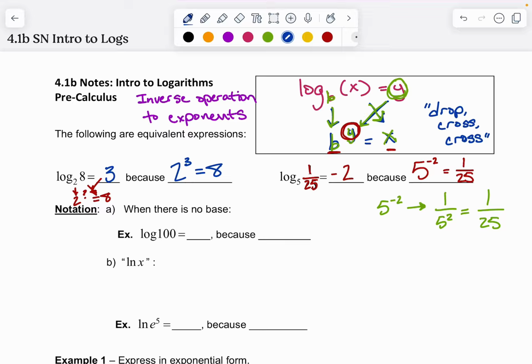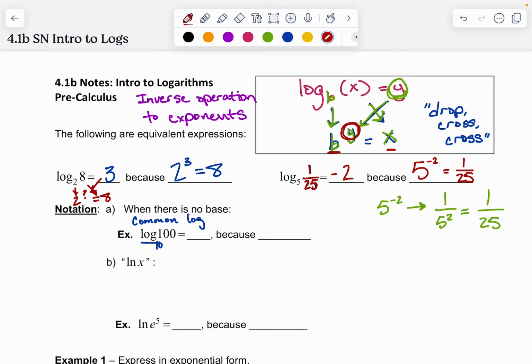So what does it mean when there's no base? We have this example where you just see the word log, and it's called the common log. The common log has a base of 10. It's just understood that when you see the word log by itself, it has a base of 10. So you'd be asking yourself, 10 to the what power is 100?